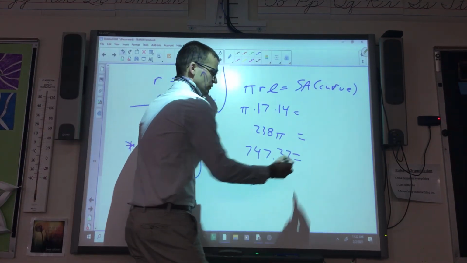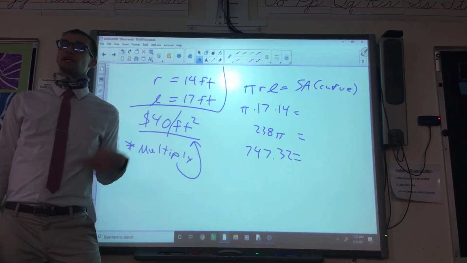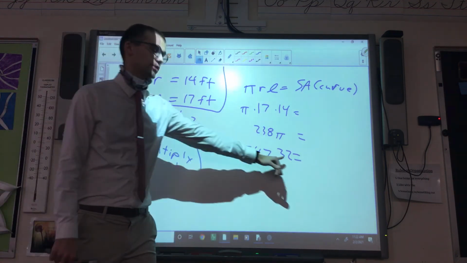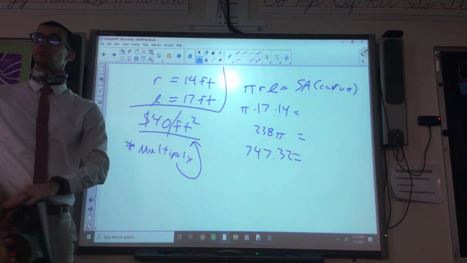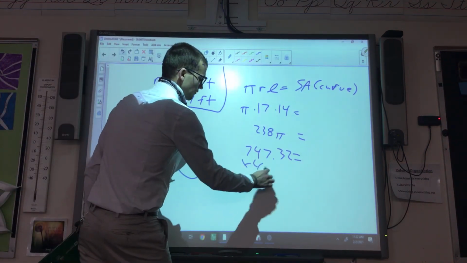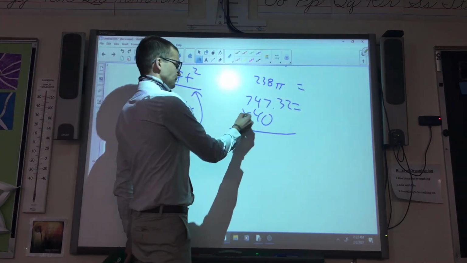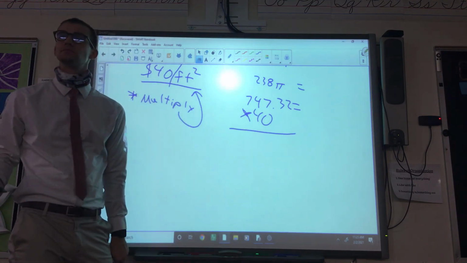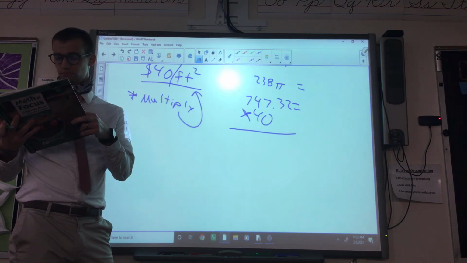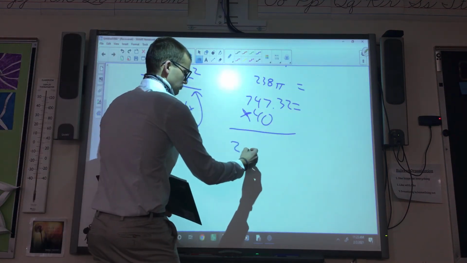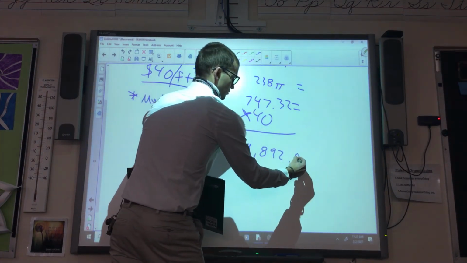If you're trying to have the most exact answer, and in real life you actually would want the most exact answer, because that's what they're going to charge you for. 747.32 square feet, but it's $40 per square foot, so then I just multiply that times 40, and I get 29,892.8. Yep, say it again. 29,892.8. 80 cents.